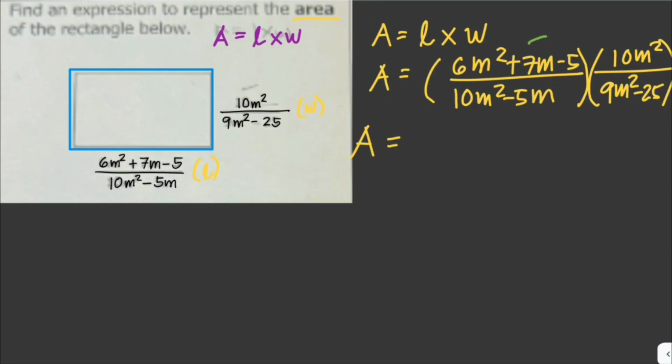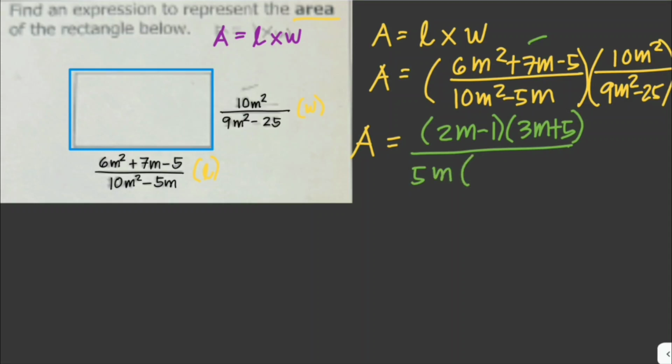Let's simplify 6m squared plus 7m minus 5. We can factor this into 2m minus 1 times 3m plus 5. So be sure you know how to factor. And then the denominator, 10m squared minus 5m, we can factor out 5m.